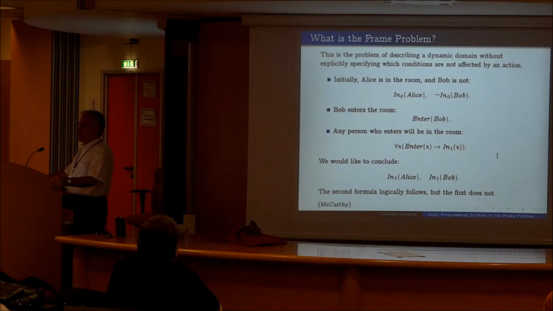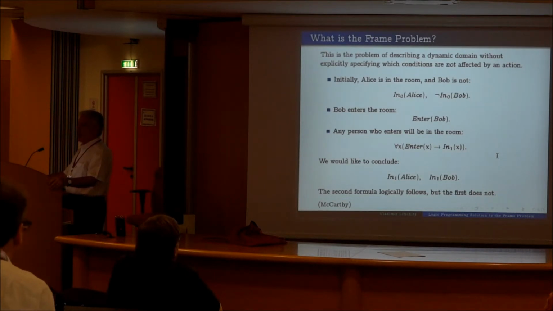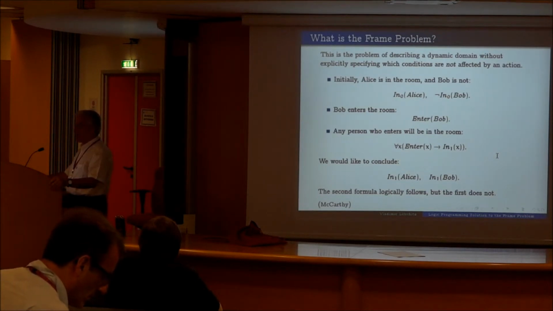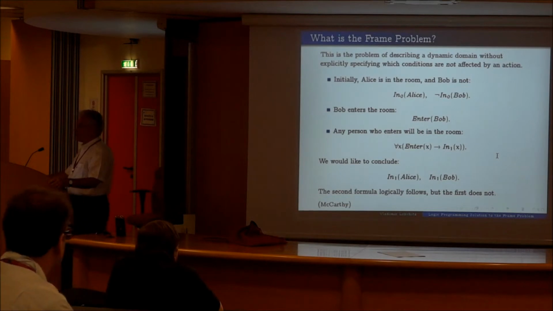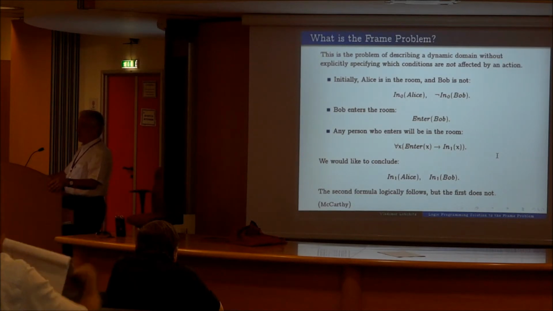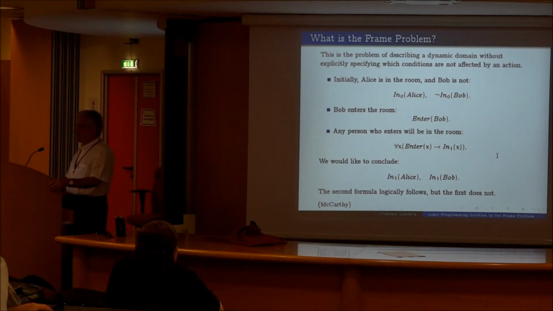And I describe this information using this predicate symbol in, with the subscript 0 indicating that we are talking about the initial state. Alice is in the room initially, Bob is not. And then this action is executed, Bob enters the room, and that is expressed by this atomic formula here, enter Bob.